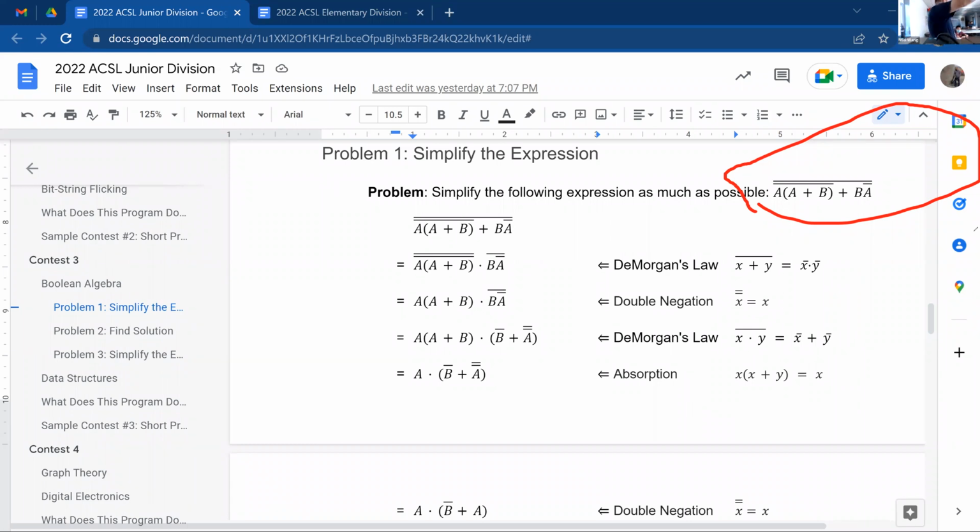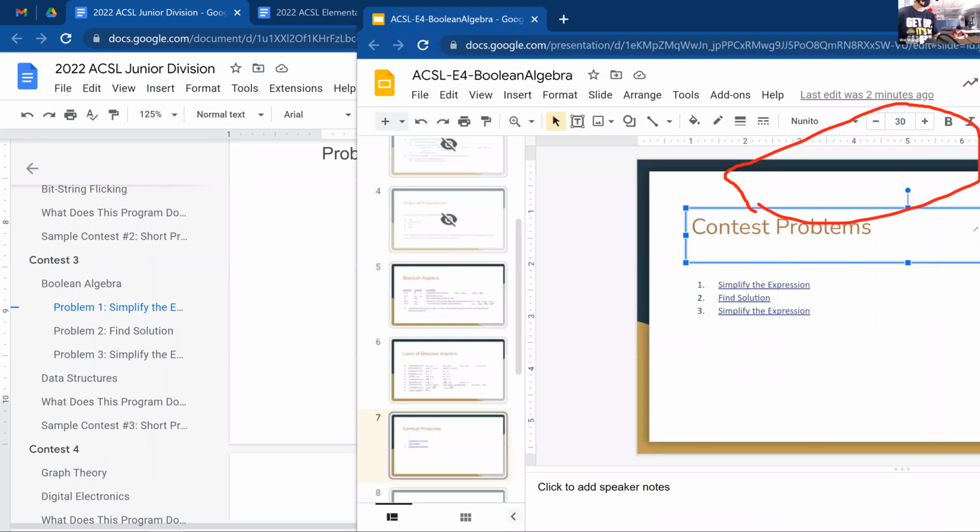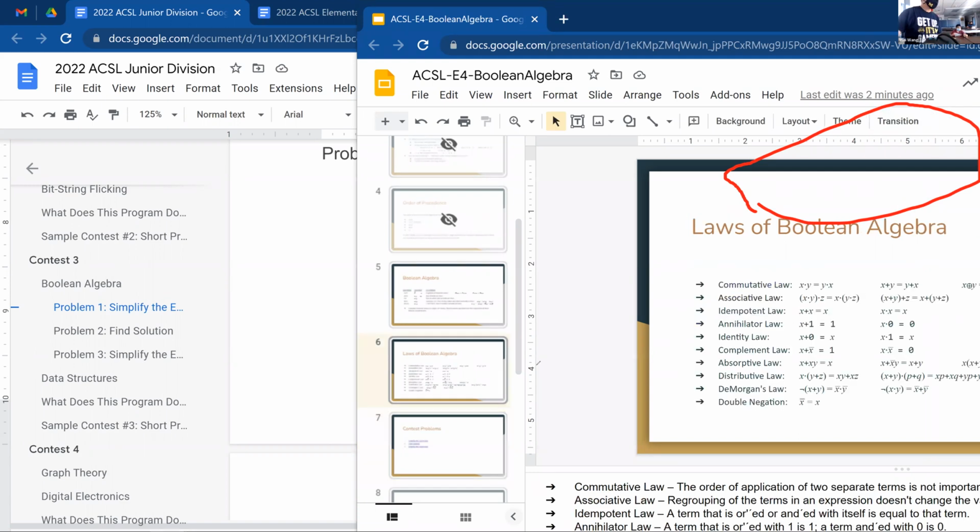Like we talked about the laws, right? We can use these laws to, for example, there are the De Morgan laws.